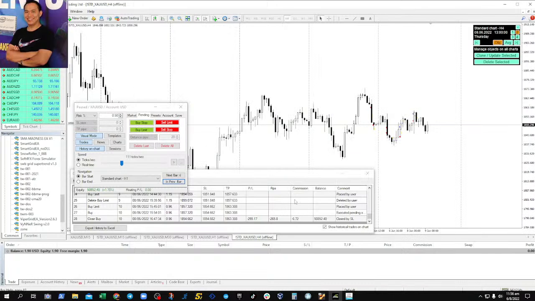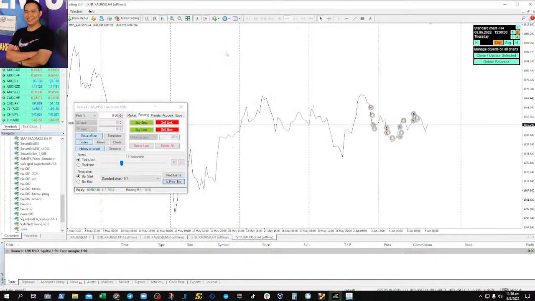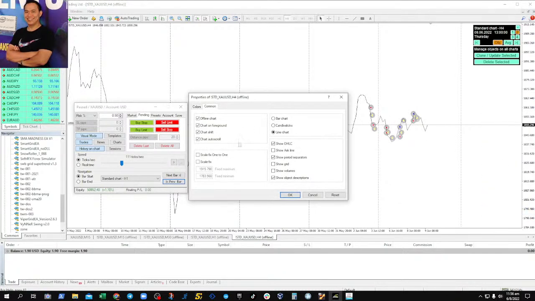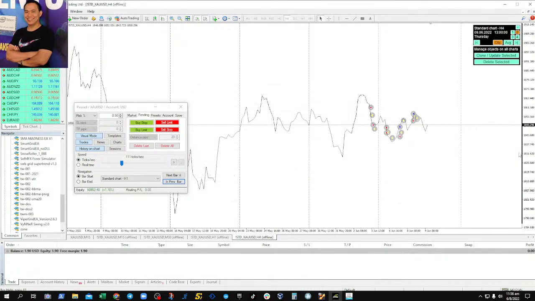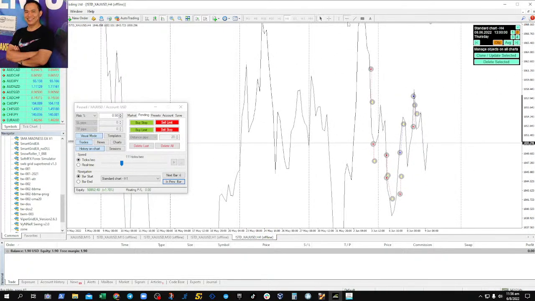Let's have a fresh view of that session as usual. Go to line chart, mark our SNR level. Do the same thing every day, the same thing. Don't make it change.